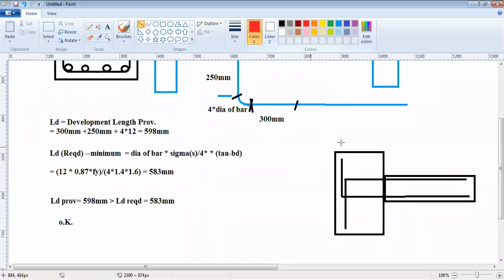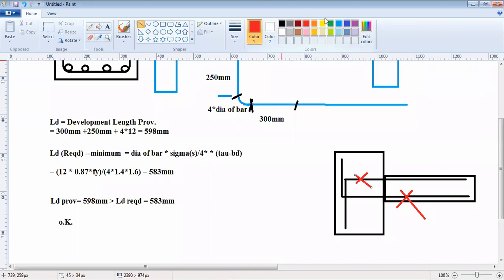if these are the ends, the supports are usually in tension. So the top portion, if this is in tension here, in the support, this will come in tension. There will be reversal of stresses in the support, because there is some amount of fixity even though we are assuming this is simply supported.